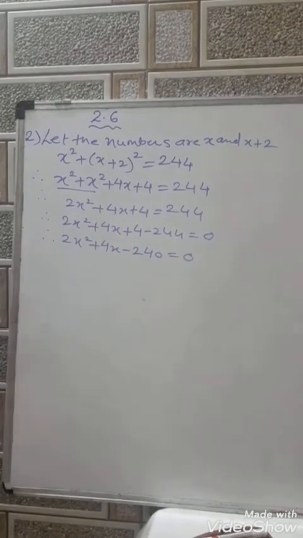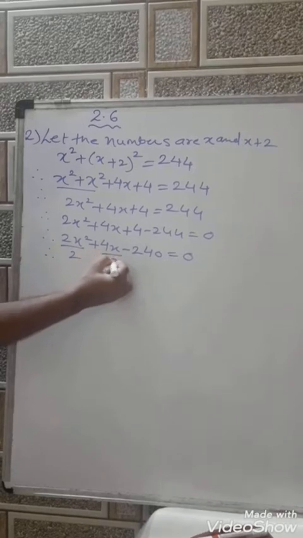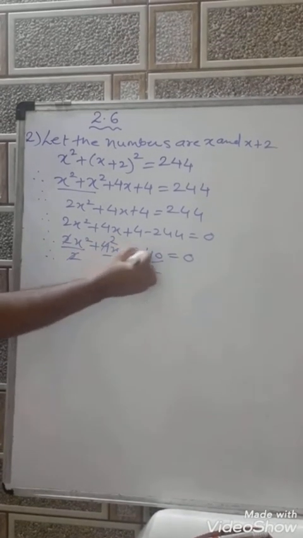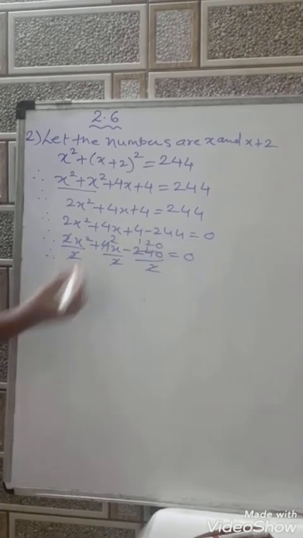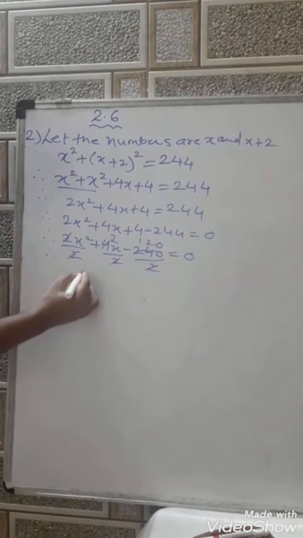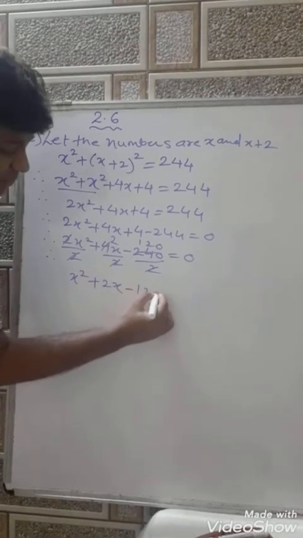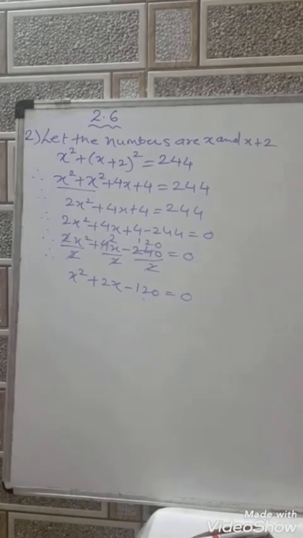Now divide the whole equation by 2, so you get x square plus 2x minus 120 equals 0.